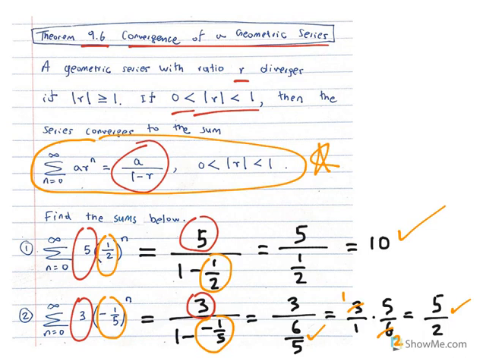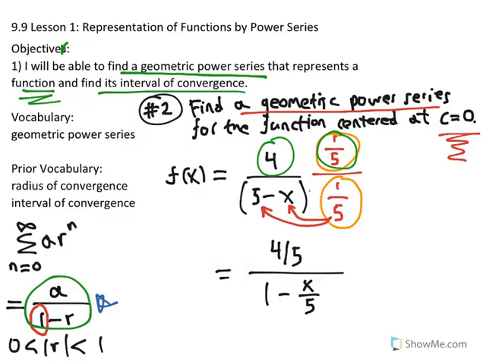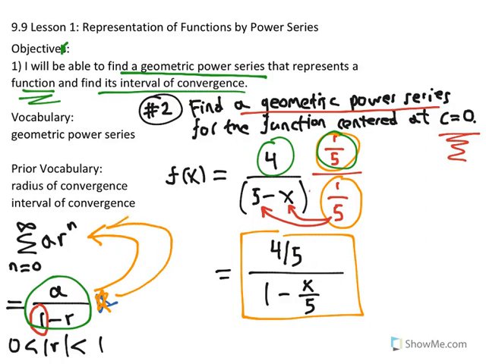So I'm going to use Theorem 9.6 about convergence of a geometric series, and I'm going to use it in this direction. I will start with a function that resembles the form for the sum of a convergent geometric series, and I will use that to help me write a geometric power series that would represent this function on its interval of convergence.